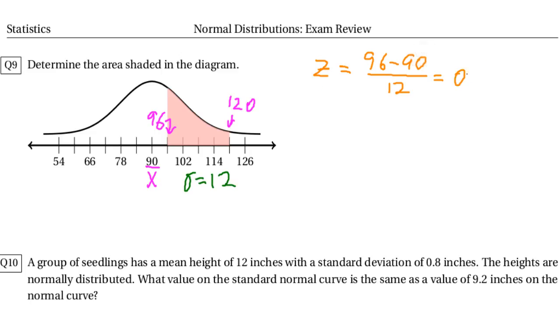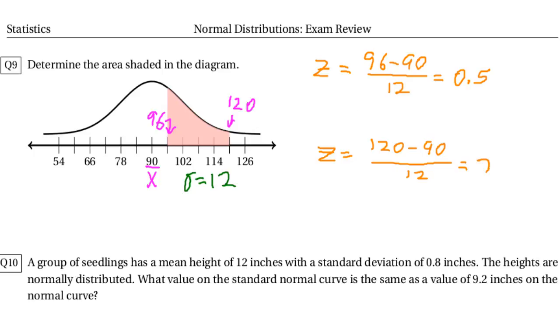No big surprise there. Now, the second z-score that I need is going to be 120 minus 90 over 12. And taking a look at that, 120 minus 90 divided by 12, I get 2.5.